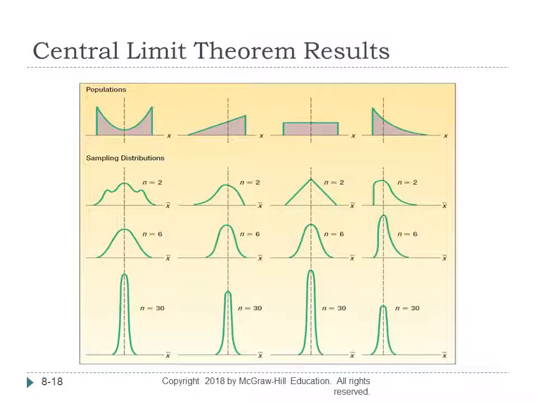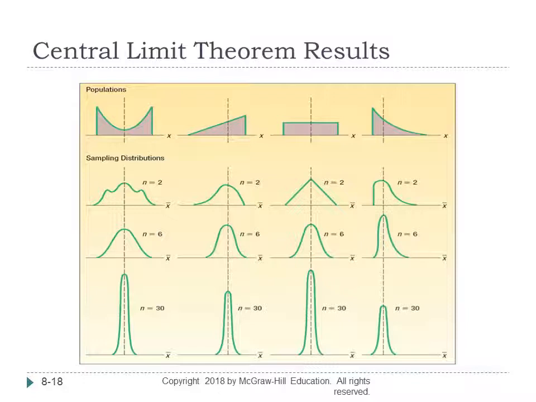Here you have several types of populations, and you see different sizes of samples and the shape that the sampling distribution will take. For example, the first graph appears to be a symmetric distribution. Even a smaller sample will give you a normal distribution.